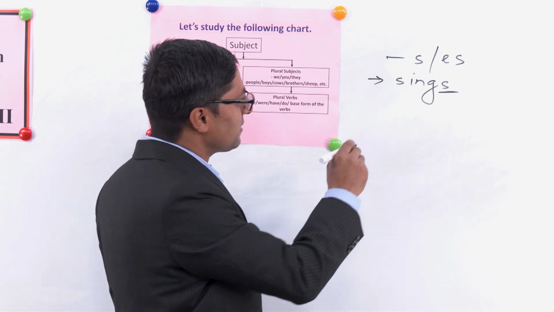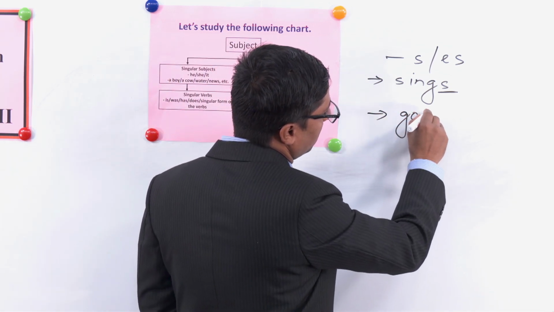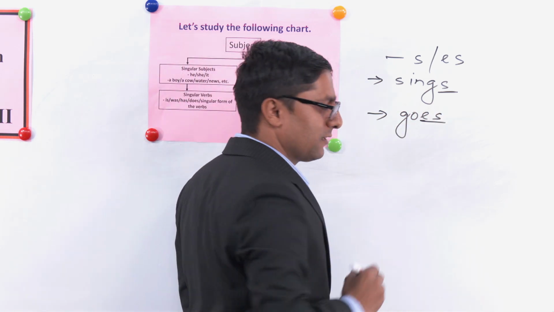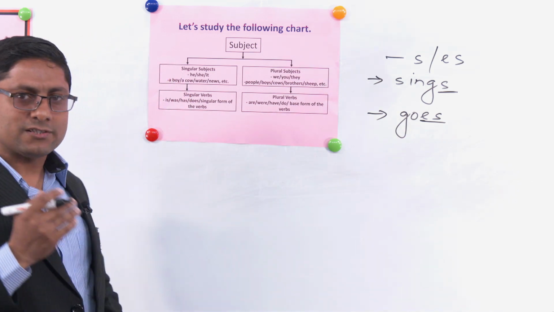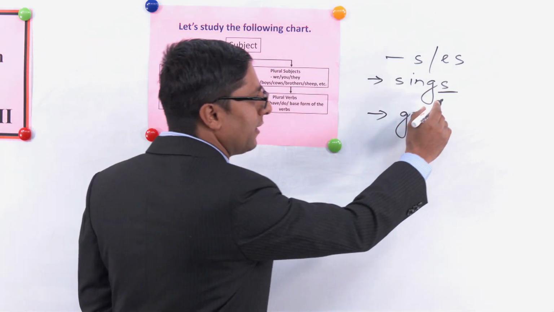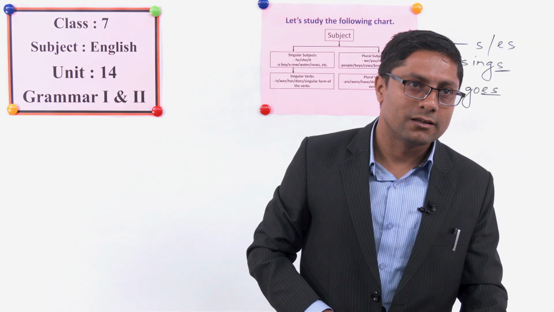Similarly, when we say goes, you see there what is added? Es. Es is added. So, to make the verb singular or in the singular form of the verbs, you find s or es. I hope you got it.